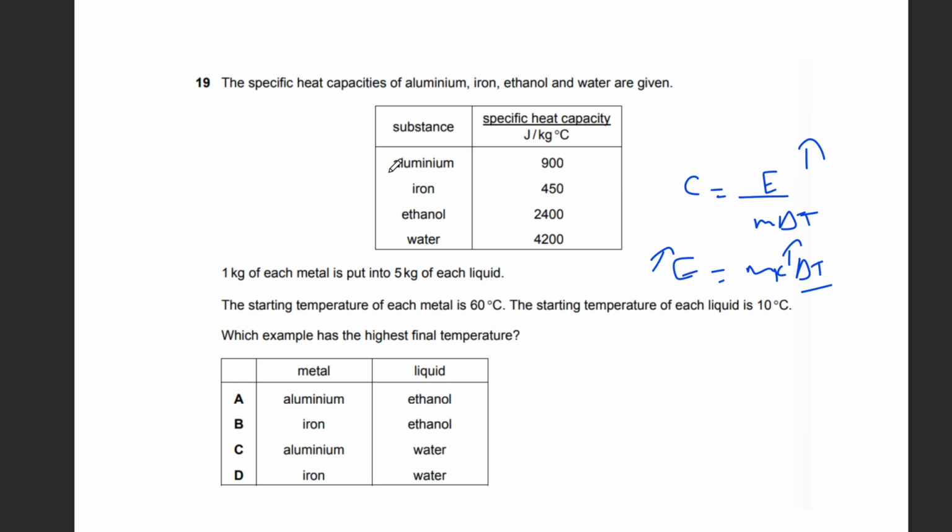So we will want aluminum, the one with the higher thermal energy, for the highest final temperature. So it's either A or C.